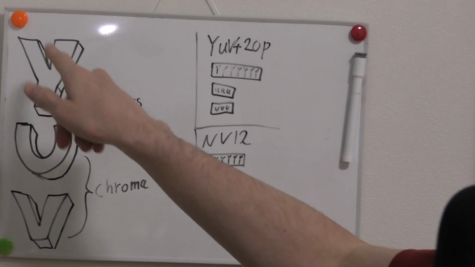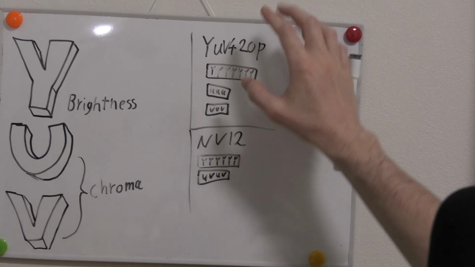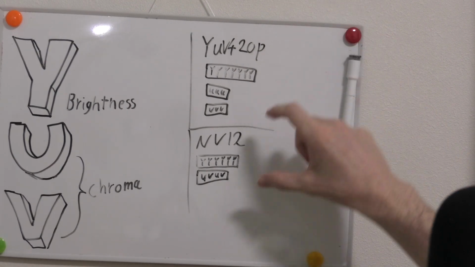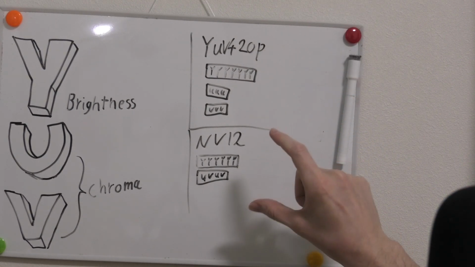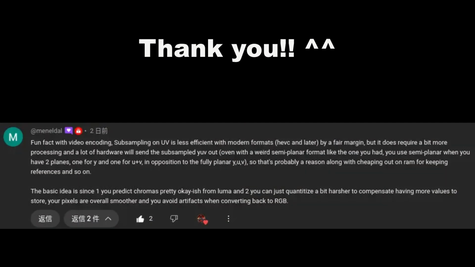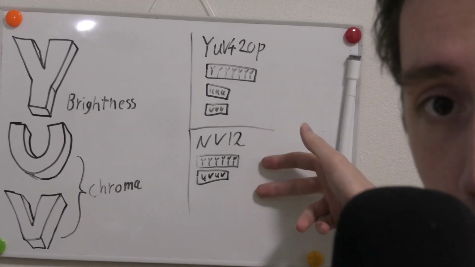So, YUV. Brightness, chroma, and then we have two formats, the YUV 420p, which is planar, and NV12, which is semi-planar, something I learned recently. The main difference between these two is we got 3 arrays, we got 2 arrays.